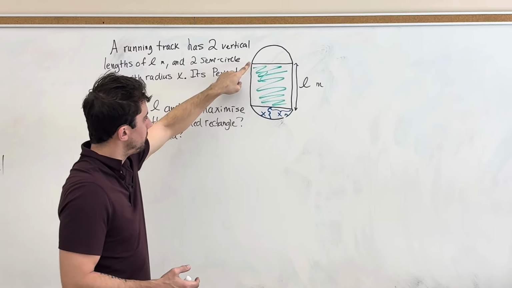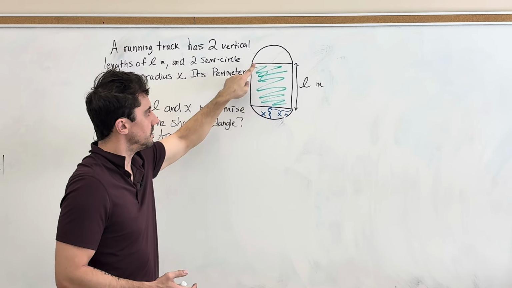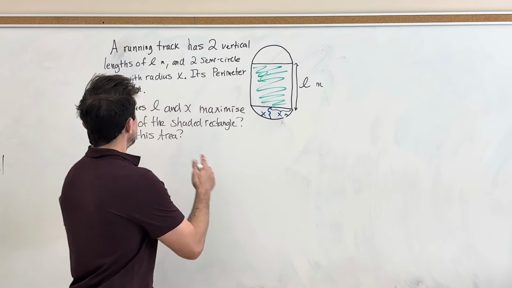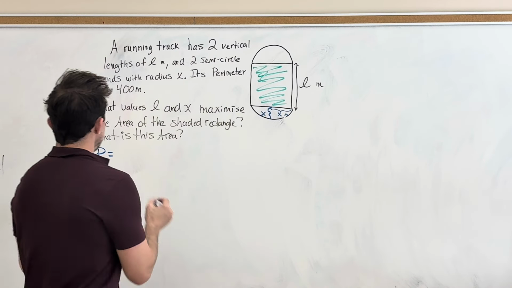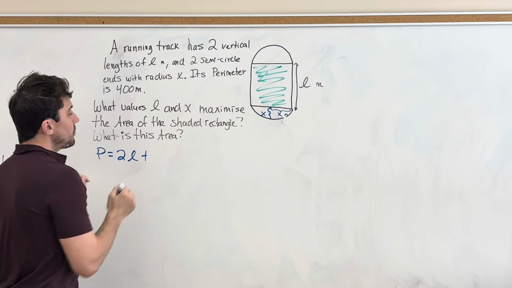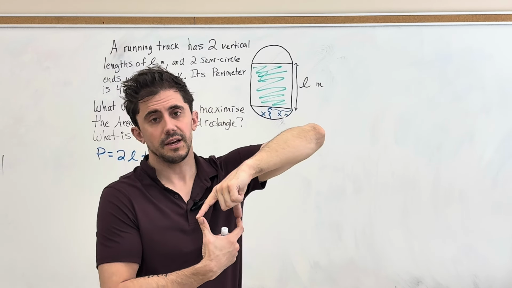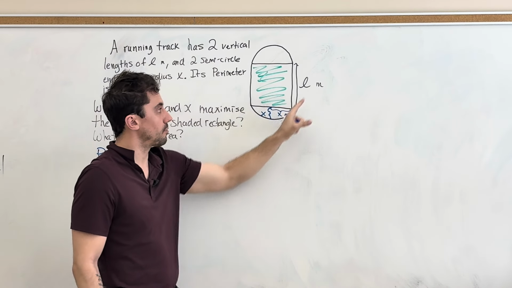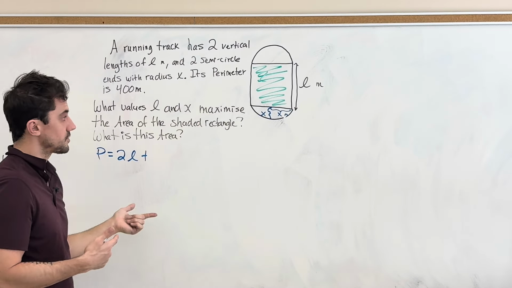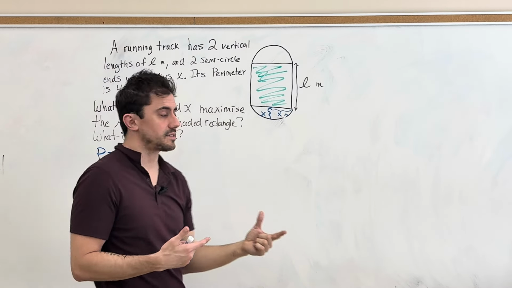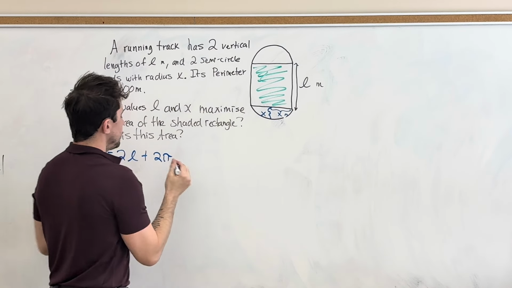Now, for the perimeter of the vertical segments, we're not going to look at the insides, we're not running around the rectangle on the horizontal segments. So its perimeter is going to be L plus L, so 2L, plus, now we can treat the two semicircles squished together to make one full circle. The perimeter of a circle is the circumference, which is 2 pi times its radius, so here that's 2 pi times our radius x.